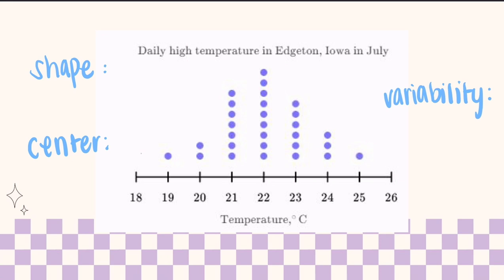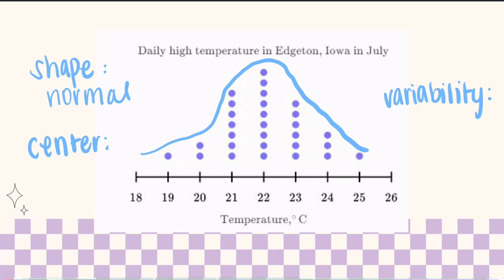The shape here is normally distributed, so approximately normal. For the center, we need to figure out if we should use mean or median. Since this is normally distributed, we're going to use the mean.